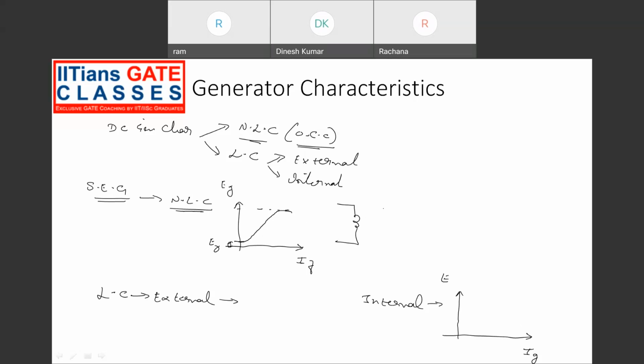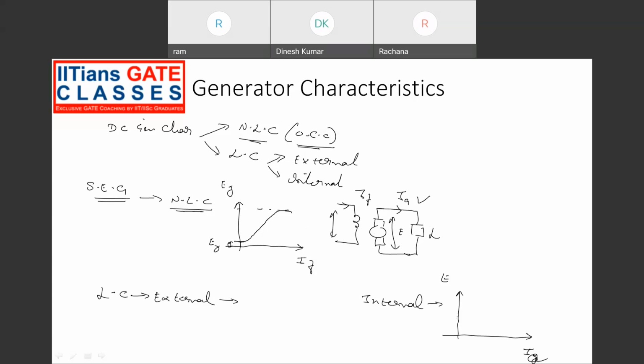We have the armature excited by an external supply. So this is the internal characteristics, the plot between E across the armature and the armature current IA.